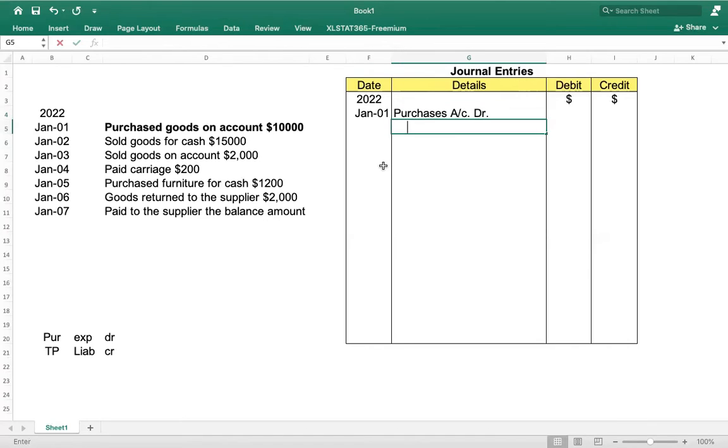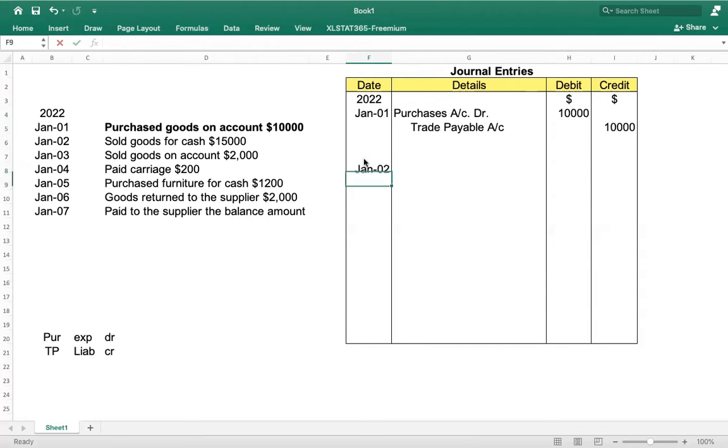Leave some space, and then trade payable account. Amount is $10,000. For now, we are skipping the narration. Okay, so the first transaction is recorded successfully, right?